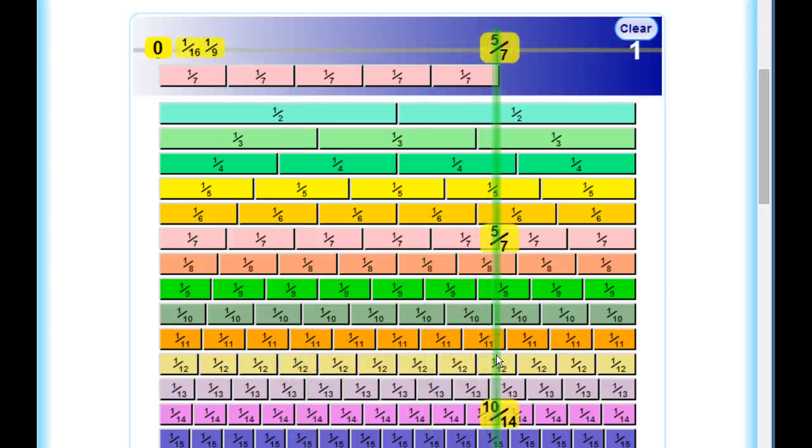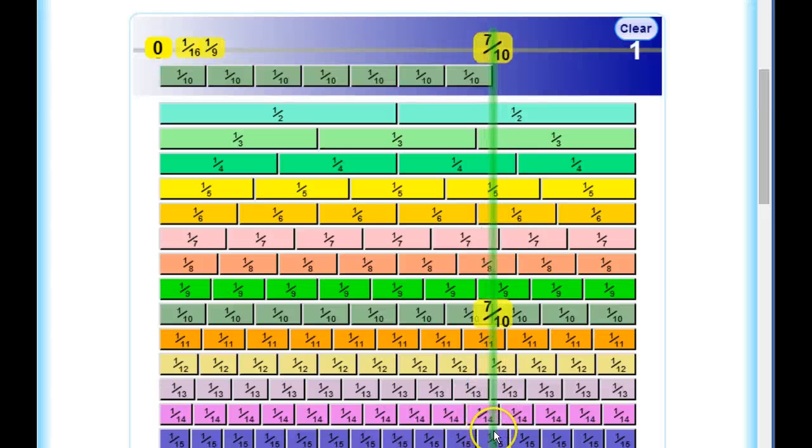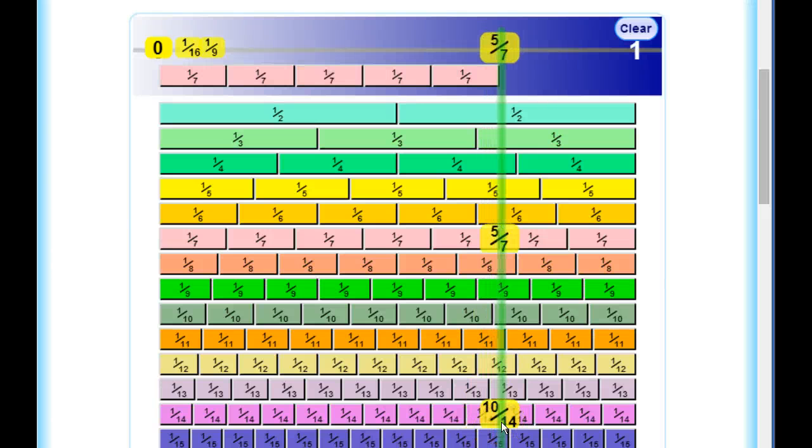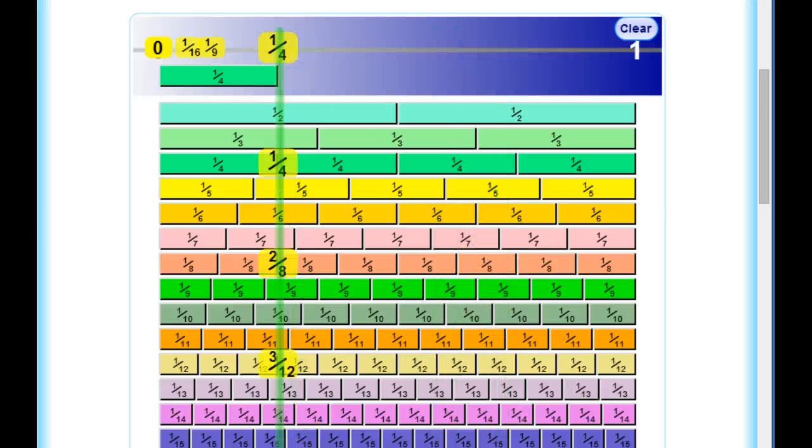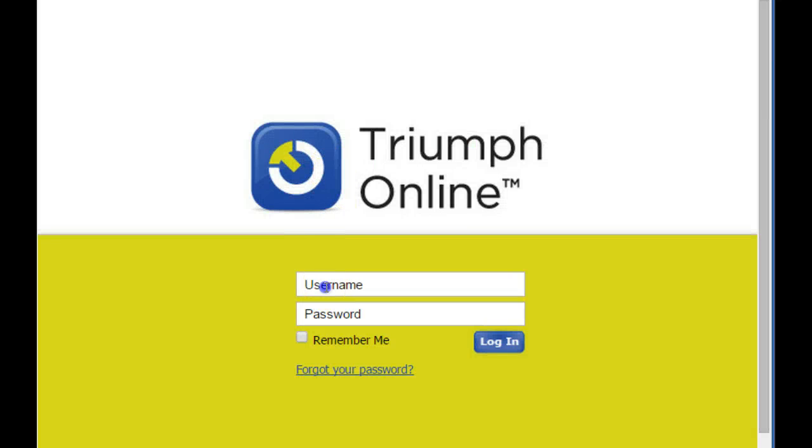You can also practice taking a fraction such as 10/14 and simplifying it and finding those common factors and then seeing if you come up with 5/7. Another site that I want to remind you about is the GCA Triumph Online account. I'm going to log in as a mock student, just to show you what you have access to.